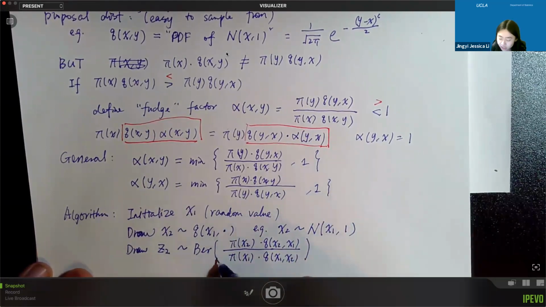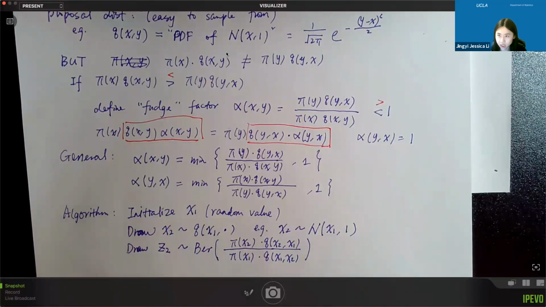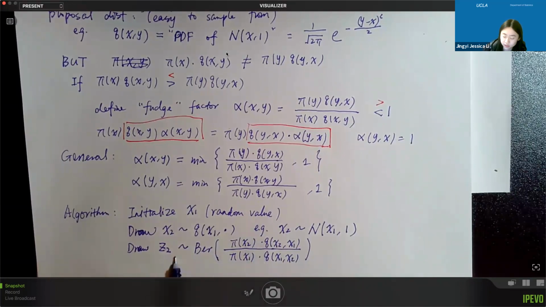And you see the magic here is that because we know π up to a constant, although we don't know that normalization constant to make π a valid density, once you do the ratio, that constant gets canceled from the numerator and denominator. So you don't need to worry about that constant at all. And because this ratio is less than or equal to 1, we can use this Bernoulli to draw Z2.